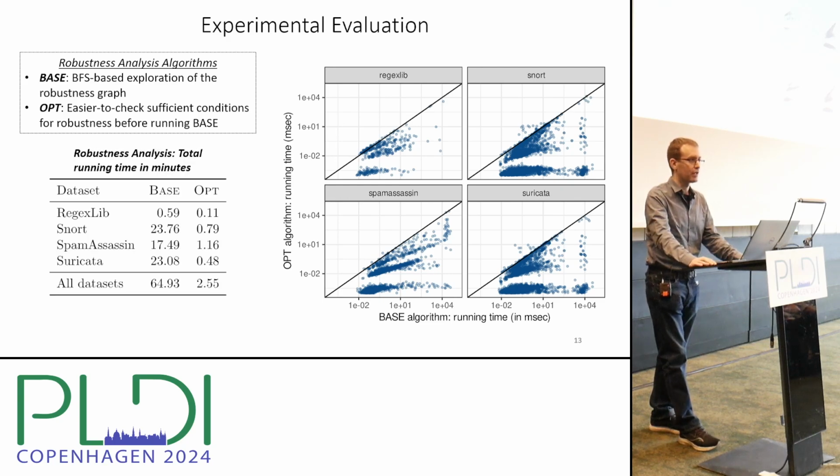Here's a table that summarizes the results. The base algorithm needs a little bit over an hour to analyze all the regular expressions in our datasets, and the optimized algorithm needs roughly 2.5 minutes to do so.